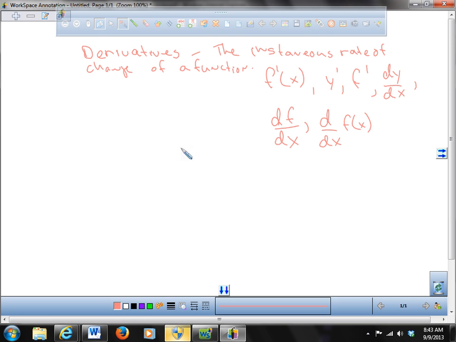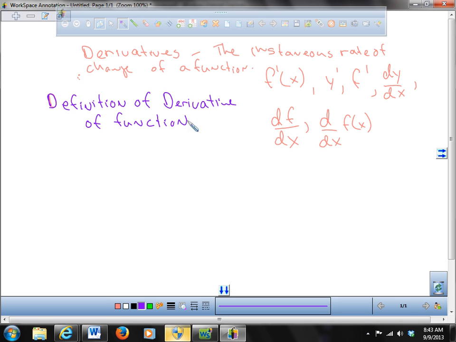Okay? So the definition of a derivative, so let me write in a different color. Definition, and I just wrote that on the board a few minutes ago. So if you feel tired of writing this down over and over again, the derivative of a function, okay, is f prime of x.